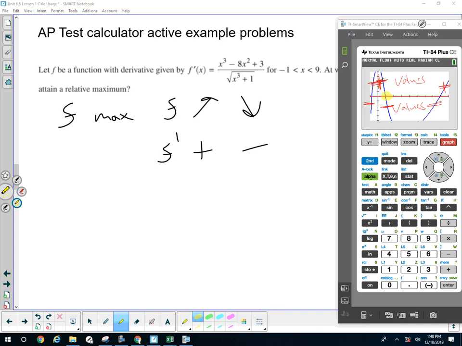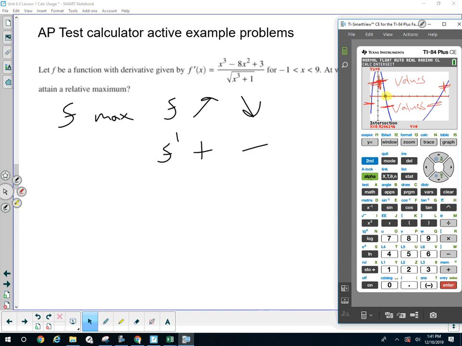Don't assume this is at 1. Second calc intersect. It might end up being at 1. Enter, enter, enter. Ends up not being at 1.